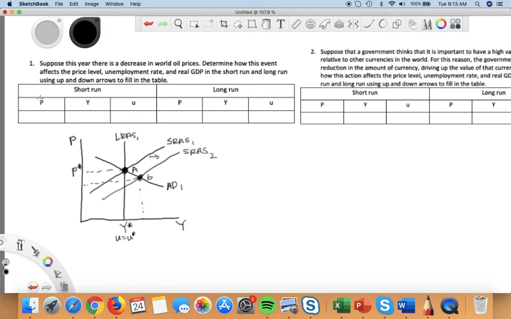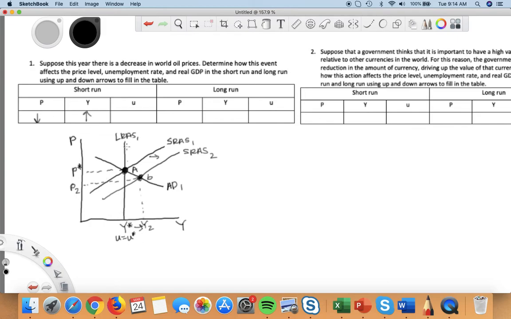So in the short run, my price level here, I'm going to call this P2, is going to be lower, right, as a result, because producers can produce things for cheaper. This is my new level of GDP. I'm going to call this Y2, and it's higher than where we started, so Y is going to increase.